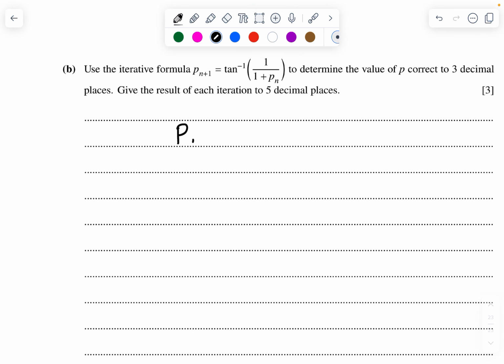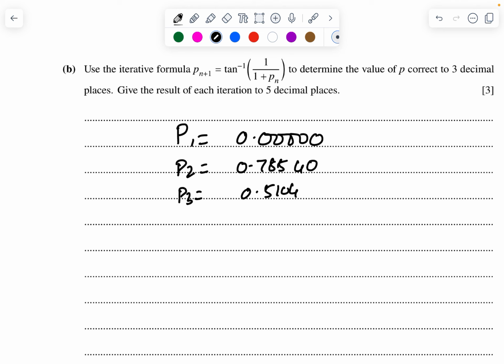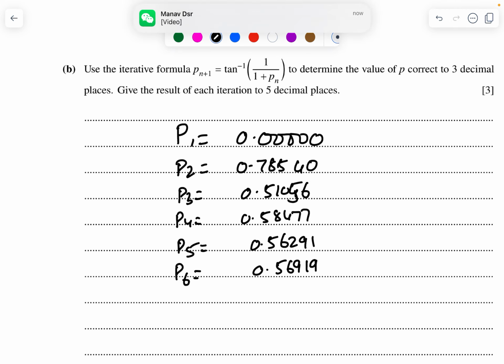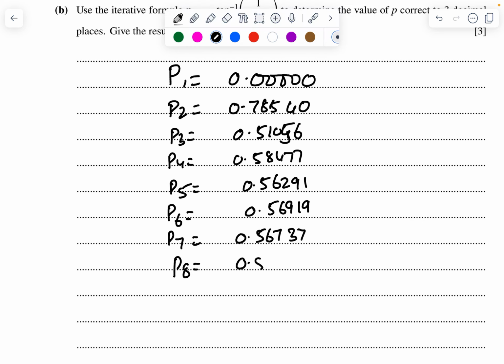Iteration: p1 equals 0.000005, 5 decimals, p2 0.78540, p3 0.510456, p4 0.58477, p5 0.56291, p6 0.56919, p7 0.56737, p8 0.56790, p9 0.56775, p10 0.56779.